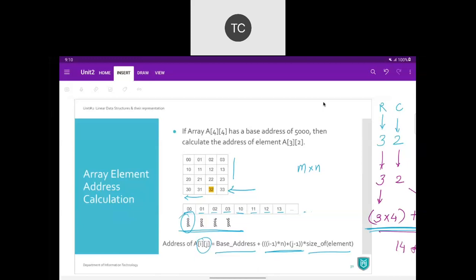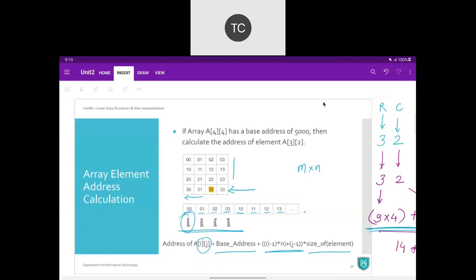A few operations on 2D arrays are nothing but operations on matrices, like add two matrices, subtract, multiply, transpose, and so on. Just before we ended the previous session, we were discussing address calculation. 1D array address calculation is very simple: multiply the number of elements passed with the size of an element, and add that number to the base address.